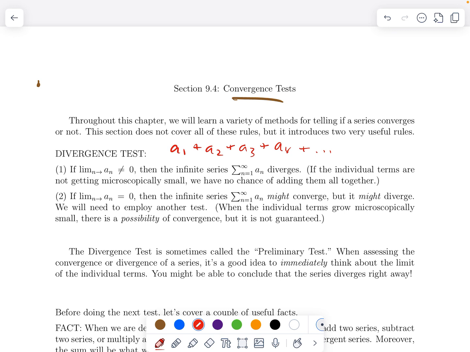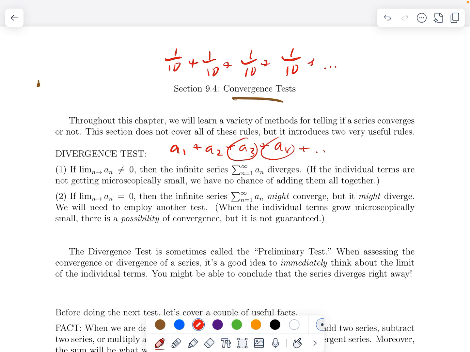And we want to know, does this actually give us some sort of answer because the partial sums have a limit? Well, if these individual terms are not particularly small, then it's impossible to add them up, right? Even if they're small but not microscopic, if they're approximately one tenth plus one tenth plus one tenth plus one tenth plus one tenth, going on forever, it is going to be infinitely big.